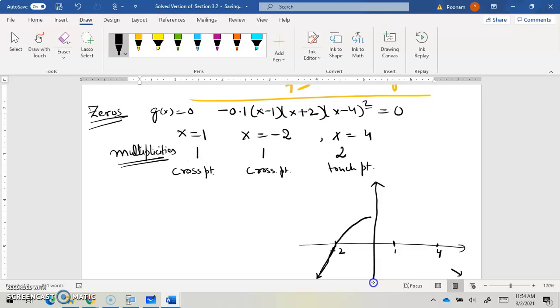It has to come down to pass through 1. But at 4, it's a touch point, but then it turns back and goes. So these two, at negative 2 and 1, were cross points. And this one here is the touch point.